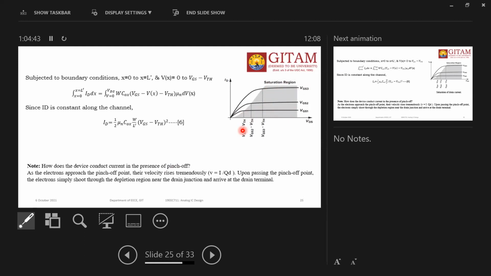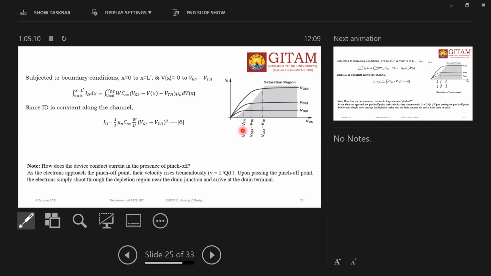The relation between the velocity of the carrier and the charge density in the channel is that velocity v is proportional to 1 by QD. QD is 0 now, so the velocity is very high. Whenever the carrier is coming with that velocity, it cannot stop suddenly; it simply jumps from there to the drain. That's why the current flows.